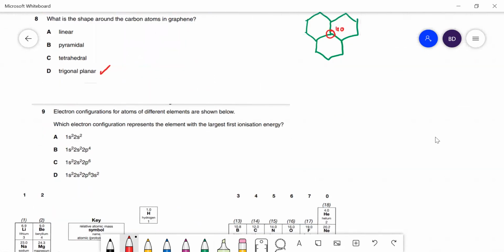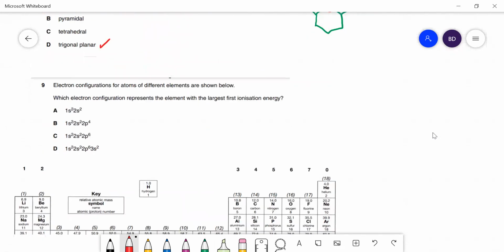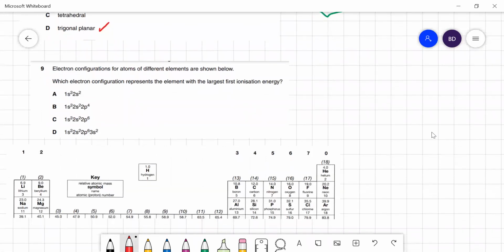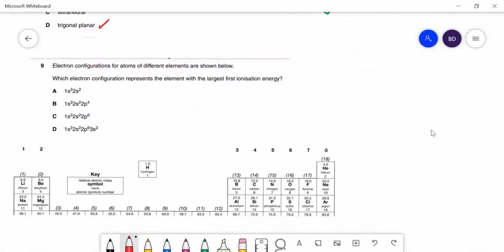Electronic configurations for different atoms of different elements are shown below. Which electron configuration represents the element with the largest first ionization energy? When we think about the size of ionization energy, we're talking about which quantum shell, and then the nuclear charge.